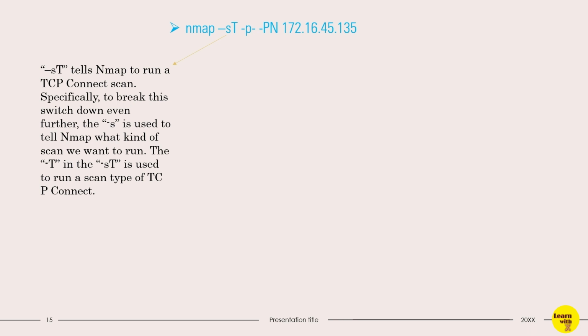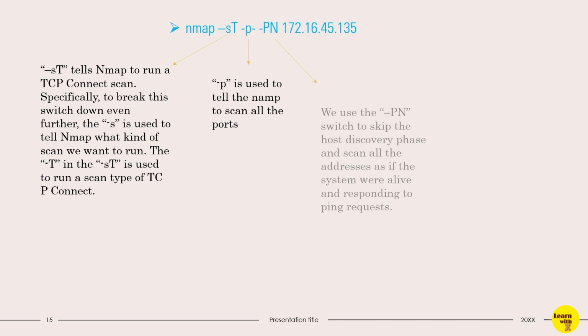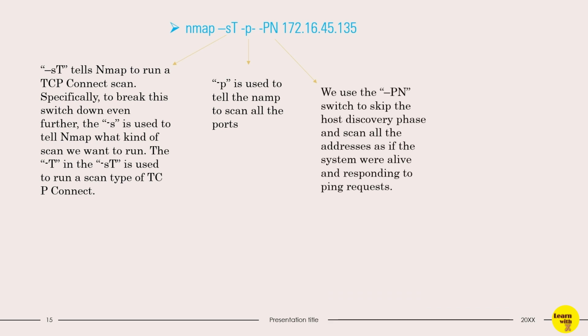The T in -sT is used to run the TCP connect type of scan. Here -p represents port, and with -Pn we skip the host discovery phase and scan all the addresses as if the system were alive and responding to the ping request. And the final one is the target IP.